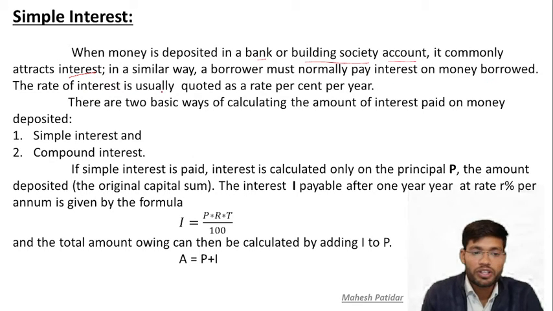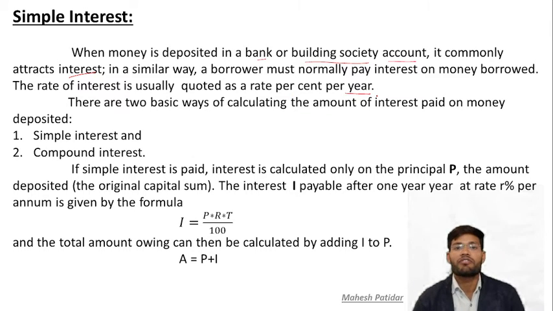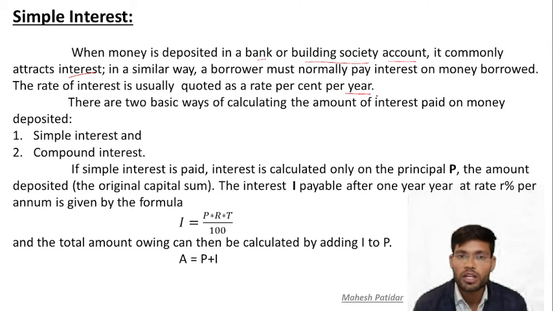The rate of interest is usually quoted as the rate percent per year. It means that when we borrow money from any other person, or take a loan from the bank, or deposit money in a bank account or building society account, it gives interest to us, or we have to pay the interest to the bank or any other person from whom we had the loan or borrowed.